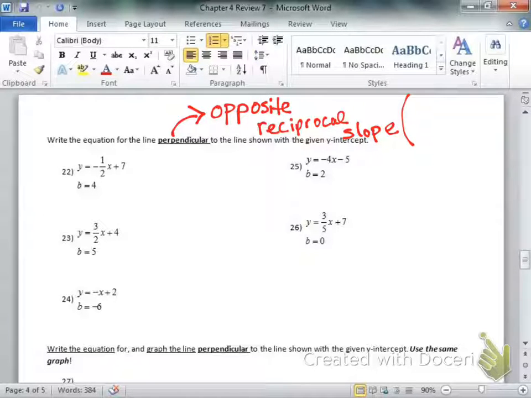Reciprocal means you flip the numbers, you flip the fraction, and opposite means you change the sign. So we're going to flip the fraction, we're going to change the sign. That's what it means to be opposite reciprocals.